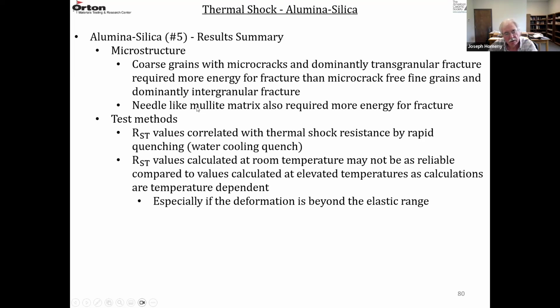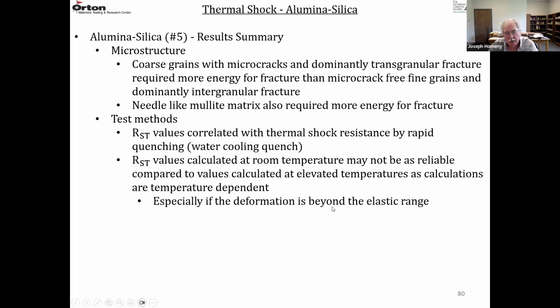And they're also saying the needle-like mullite matrix also required more energy for fracture. The RST value is correlated with the thermal shock resistance by rapid quenching, which is a water-cooled quench. And they're saying RST values calculated at room temperature may not be as reliable compared to values calculated at elevated temperatures, as these calculations are somewhat temperature dependent.